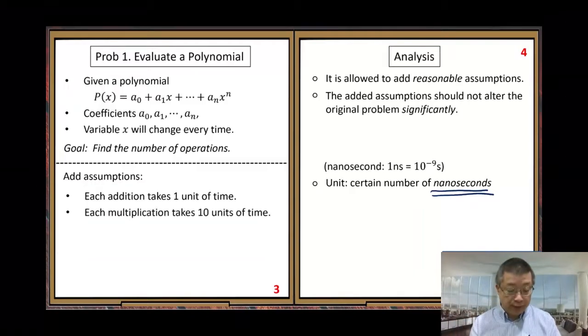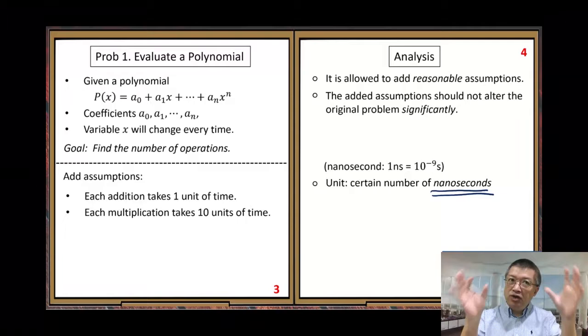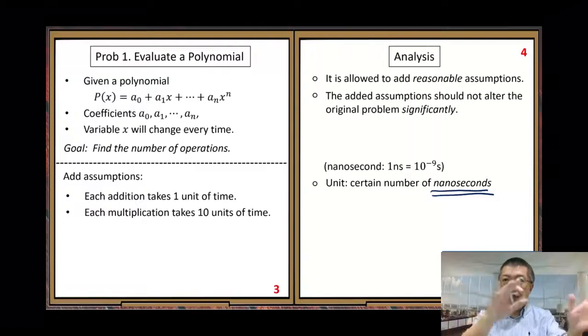The second assumption, each multiplication takes 10 units of time. We know doing multiplication is much slower than doing addition in a computer. But what is the ratio of the response time for these two operations?